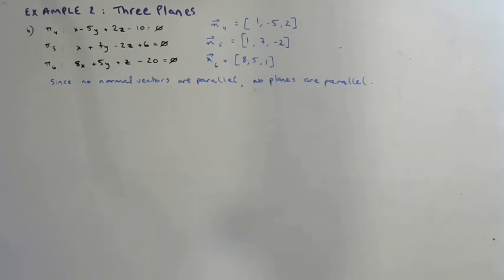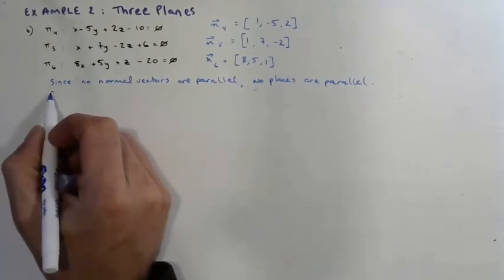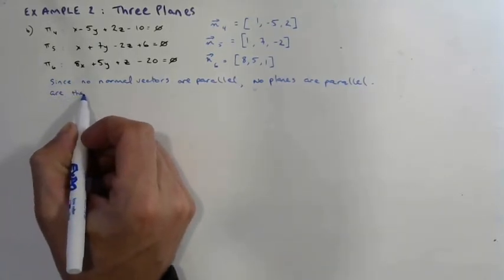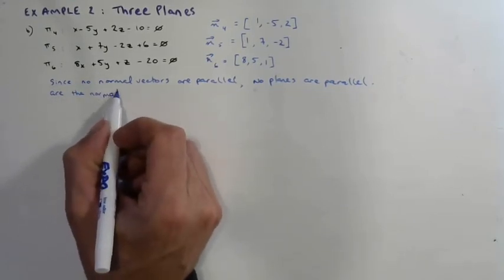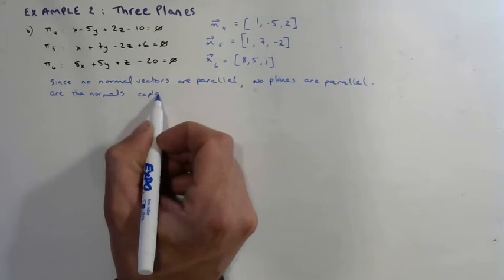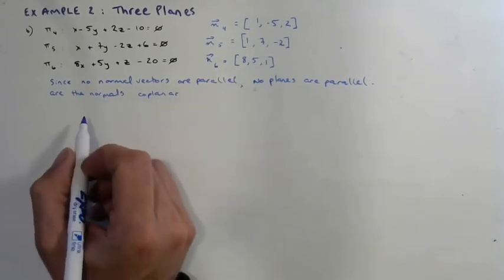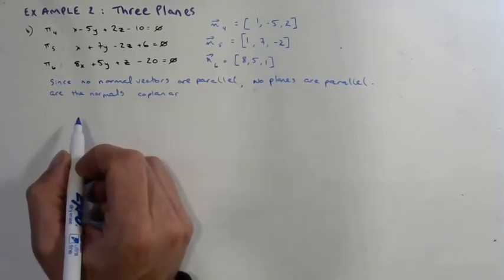But we're going to figure out how they are going to intersect. Are they going to intersect in a line? Or are they going to intersect at a specific point? So the way to check that is to check if the normals are coplanar. If they are, then the triple scalar product will be 0, okay?